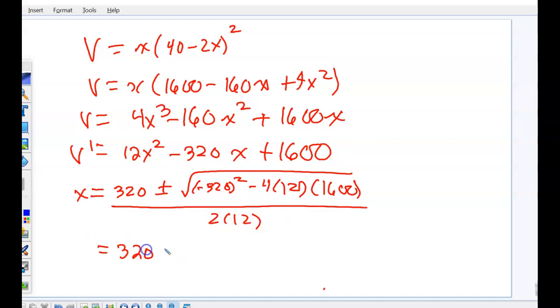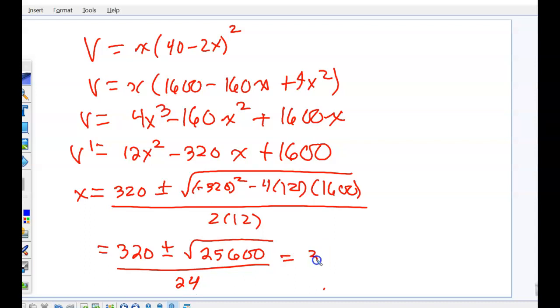So 320 squared minus 4 times 12 times 1600 is going to give me 25,600, over 24. So this ends up being 320 plus or minus the square root of 25,600, which is 160.